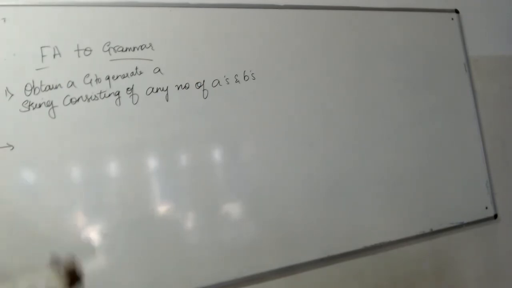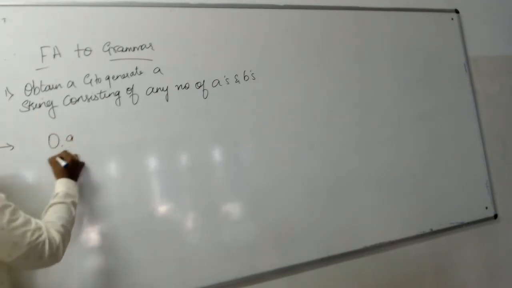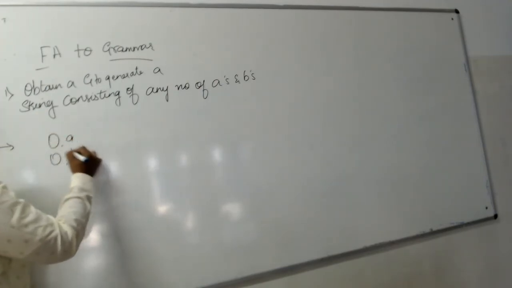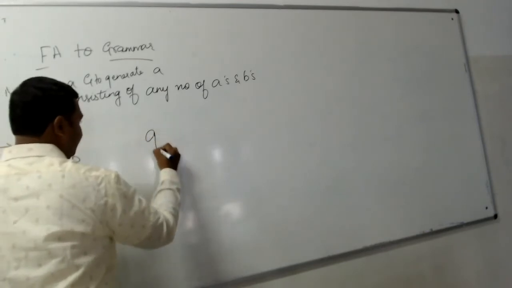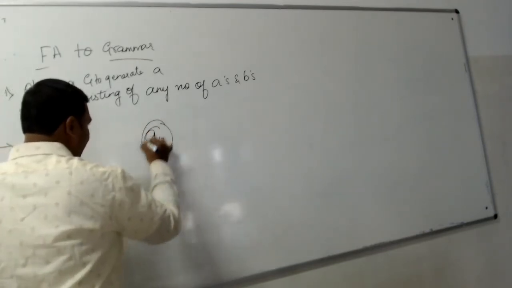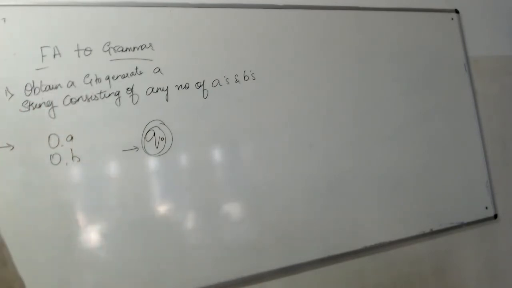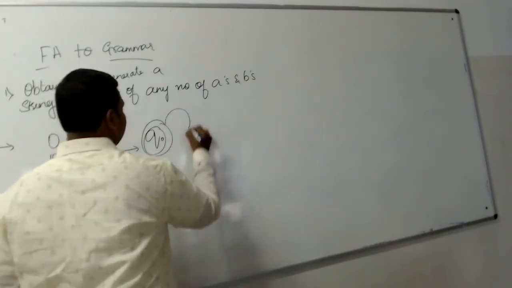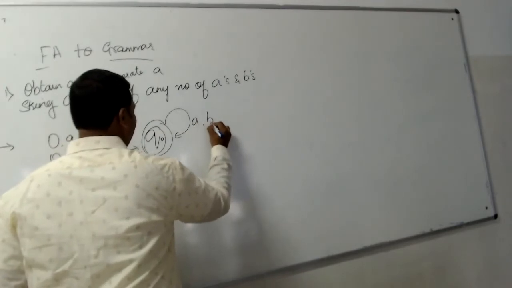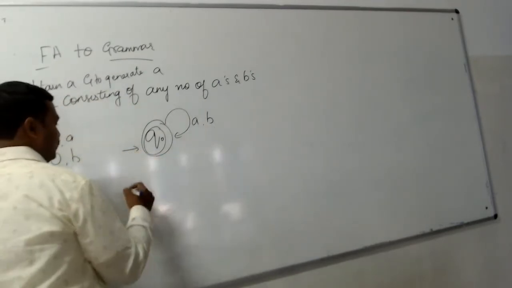So it can have either 0A, 0B. It should accept. So 0 is the accept, the starting state will be my final state. Right? So any number of A's and B's. A comma B. So it is production.